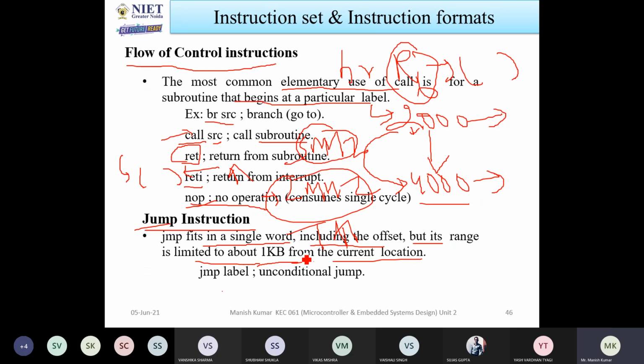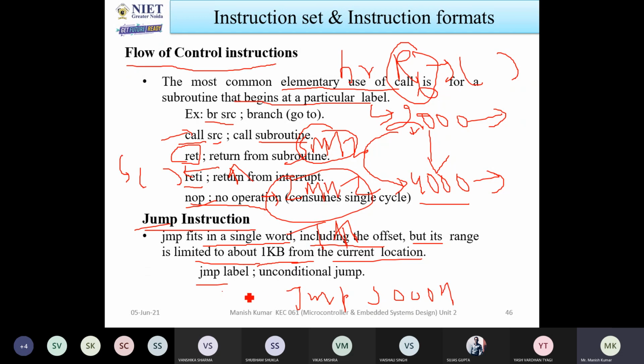So there are two types of jump: jump without condition and jump with condition. Okay, so jump without condition means you will jump without any condition. If you write a jump instruction like this, this is a jump label, so I have written jump 5000.